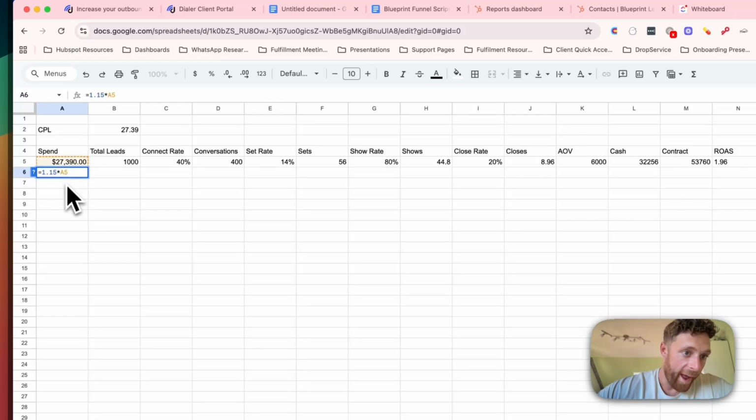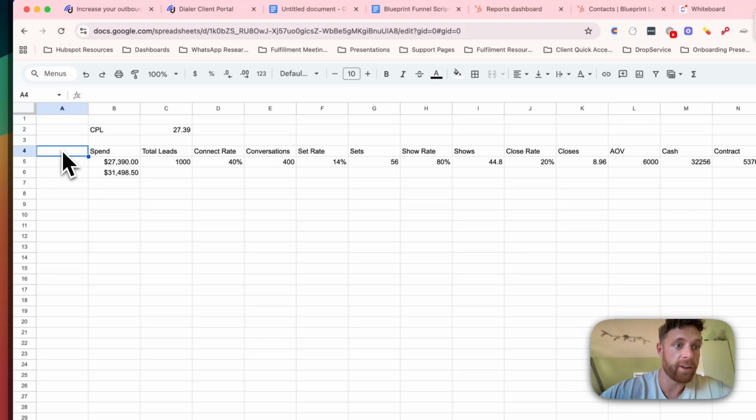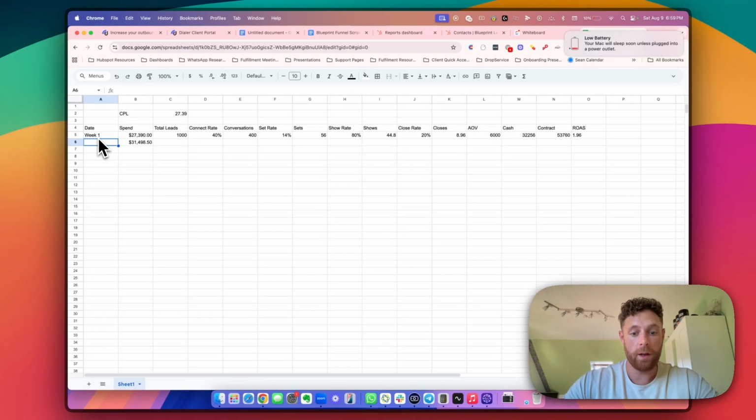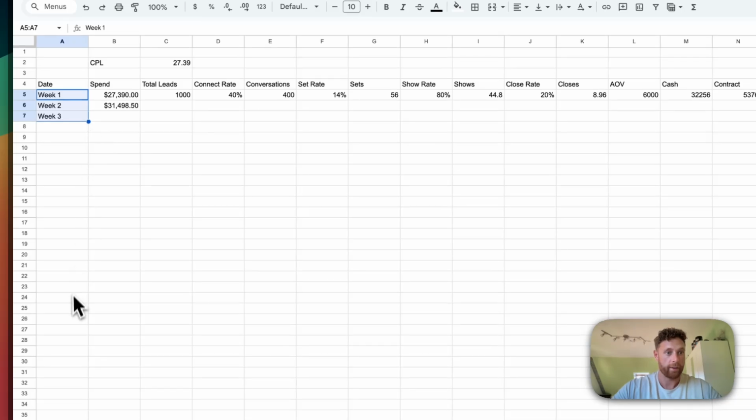So if we're scaling at, let's say, 15 per week, now let's just insert one column left here and say date. We're going to say this is week 1, week 2, week 3. We're going to grab this and drag this down.